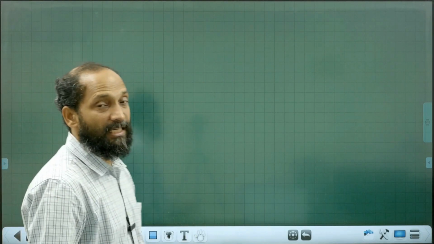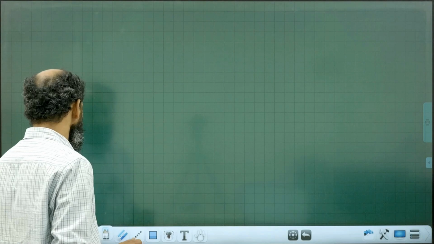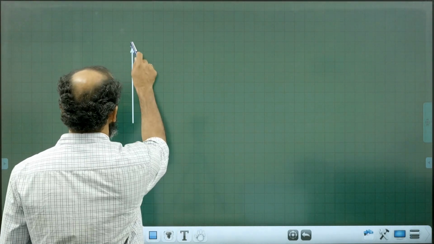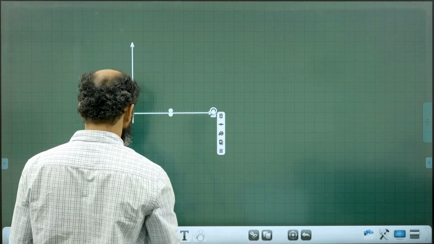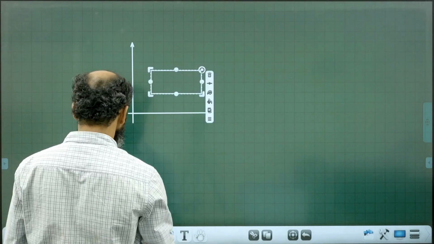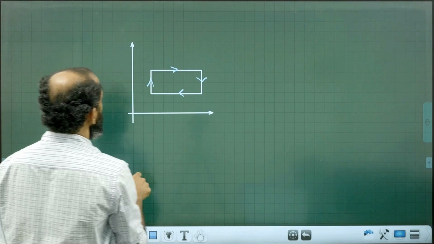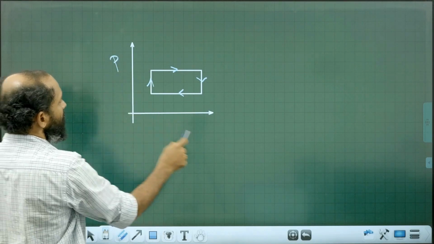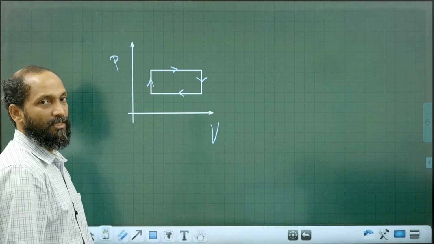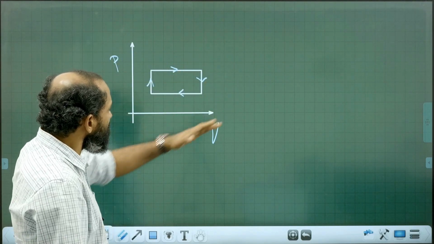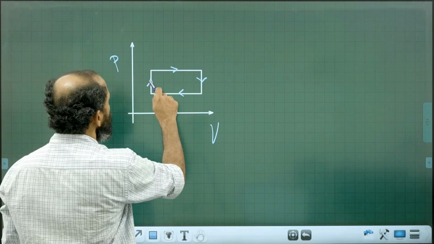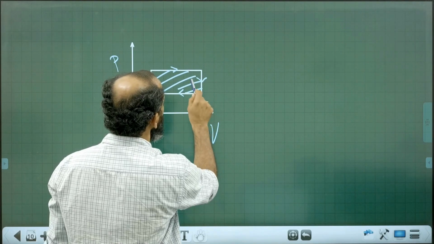Now cyclic and non-cyclic processes. If a process is cyclic, we can easily draw the PV graph. A cyclic process would be shown like this. The PV graph represents a cyclic process. The work performed during a cyclic process you can easily find from the area of the closed loop.